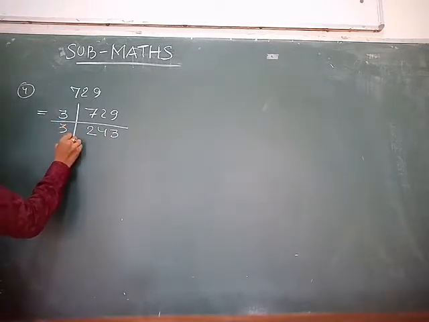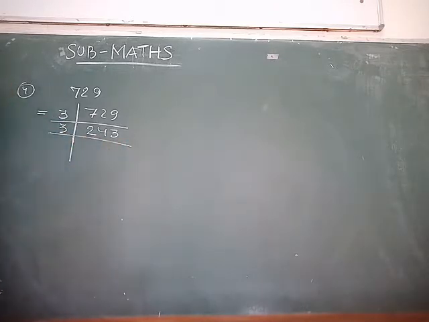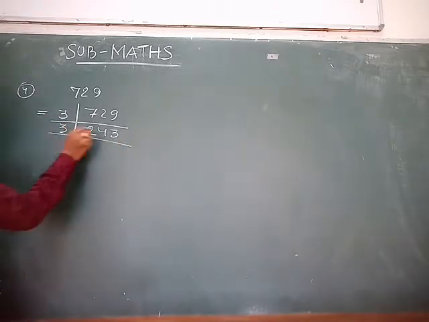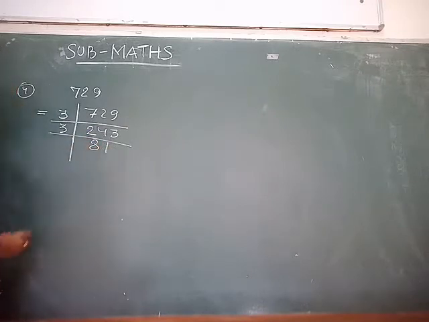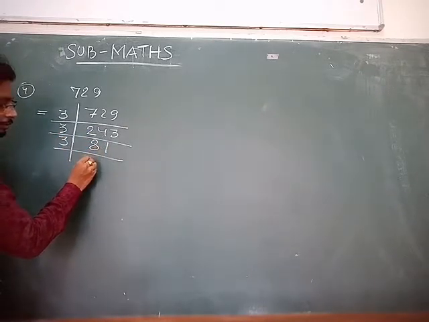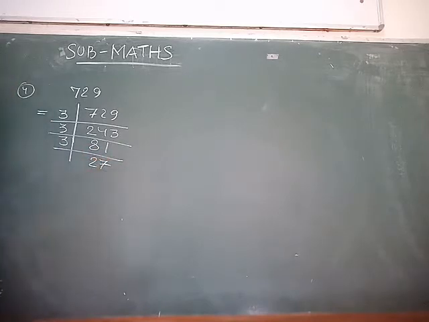Next, again divide by 3. 3 8s are 24. 3 1s are 3. You will get 81. Again by 3. 3 2s are 6. 3 7s are 21. Again by 3.